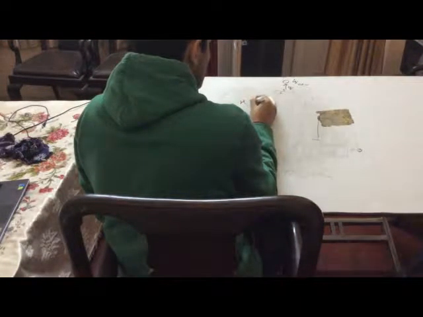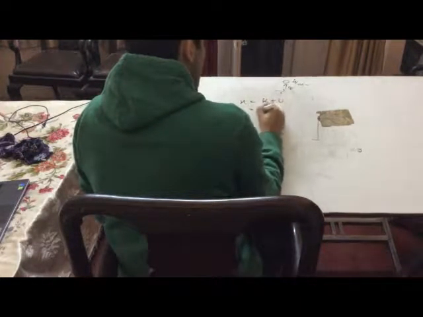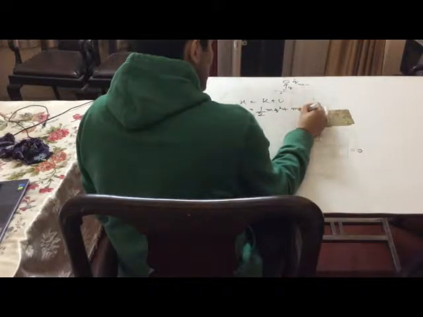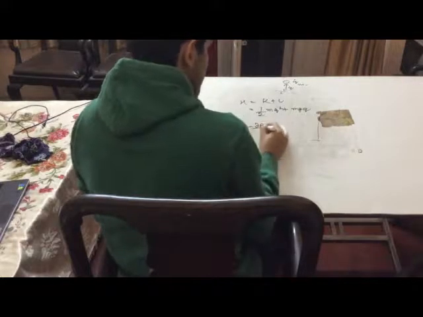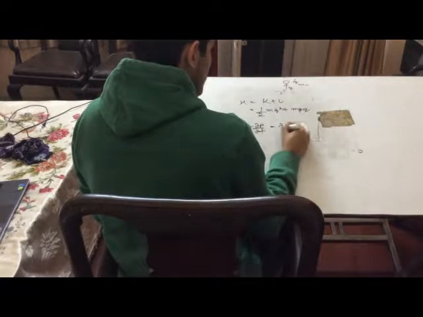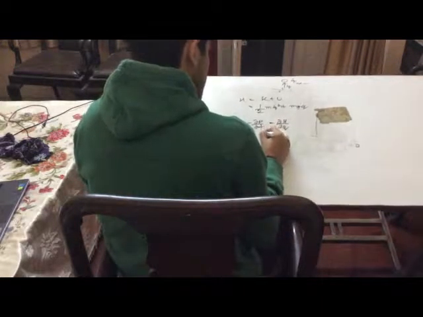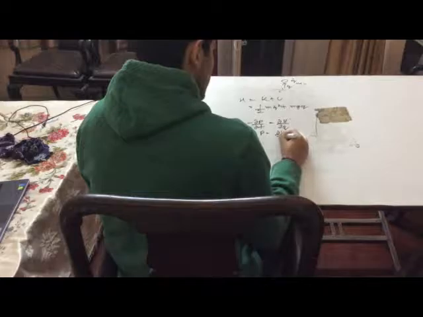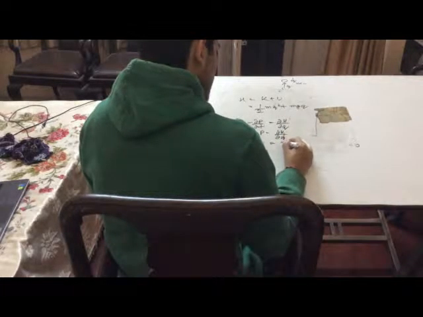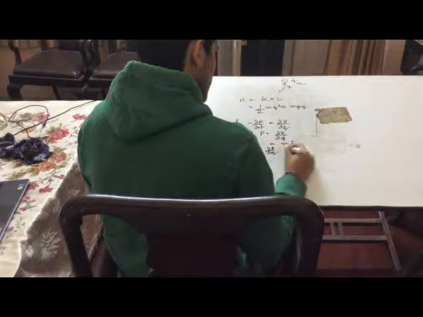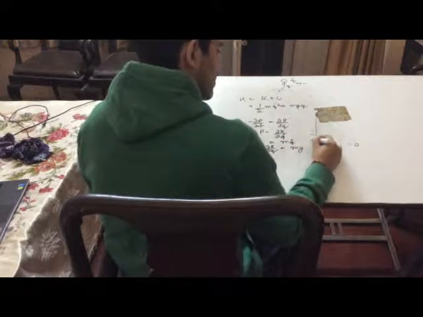Now, using the Hamiltonian, we have H equals K plus U, so H equals half m q dot square plus mgq. Now we have minus dp by dt equals dou H by dou q, where p equals dou K by dou q dot equals m q dot.